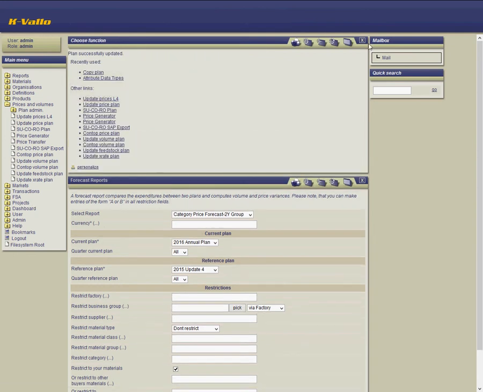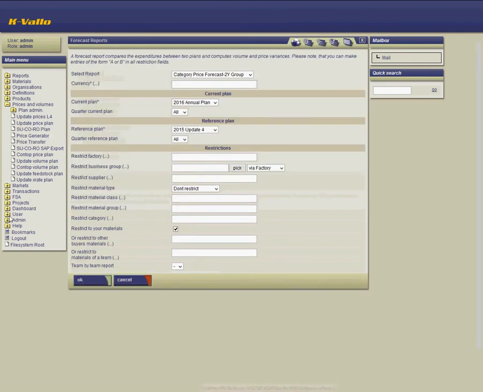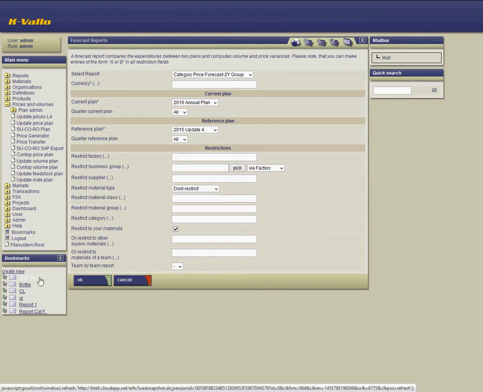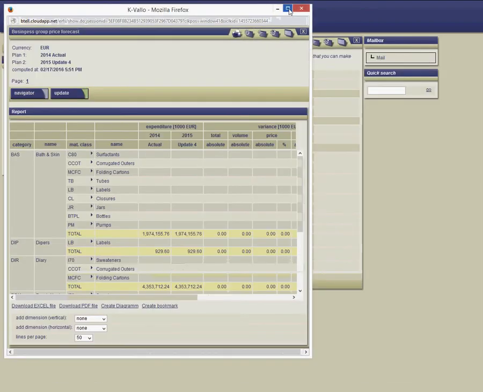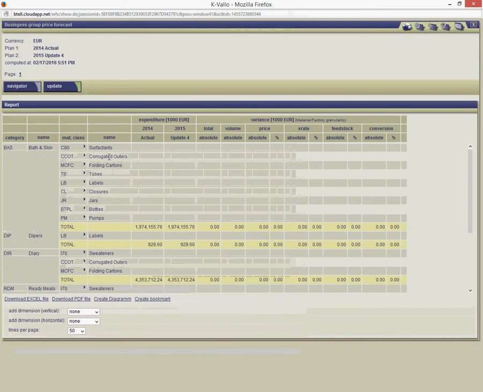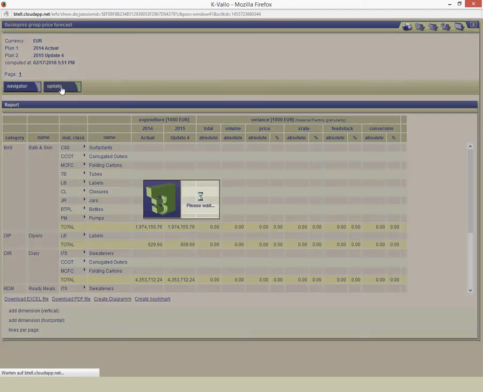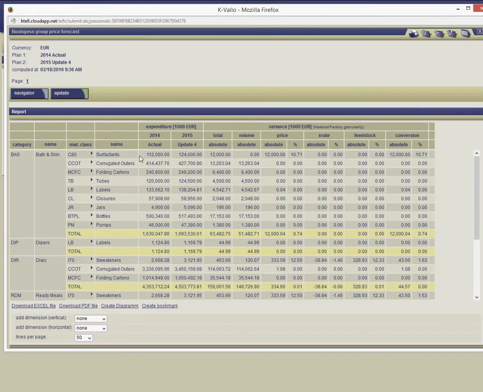If we run our report again, you will see that we have a currency effect, because the sugar was bought in US dollars, and you can see here the US dollar has become stronger, and we have a currency effect.